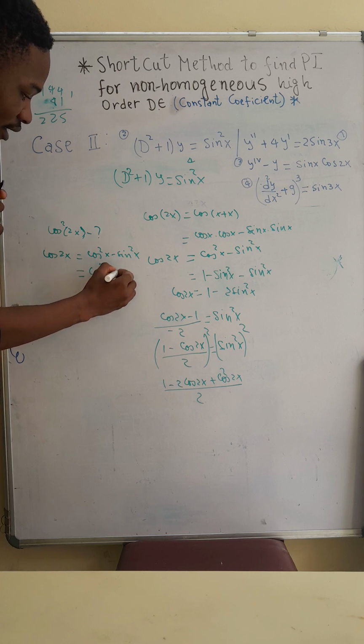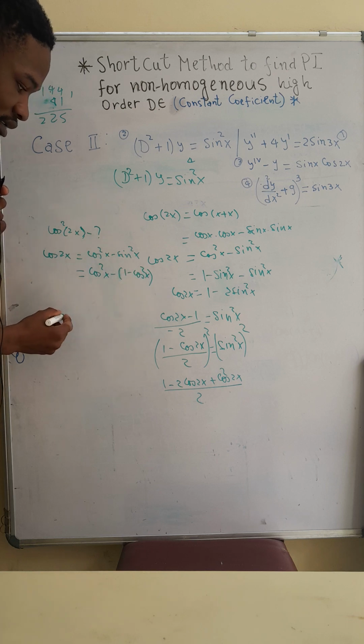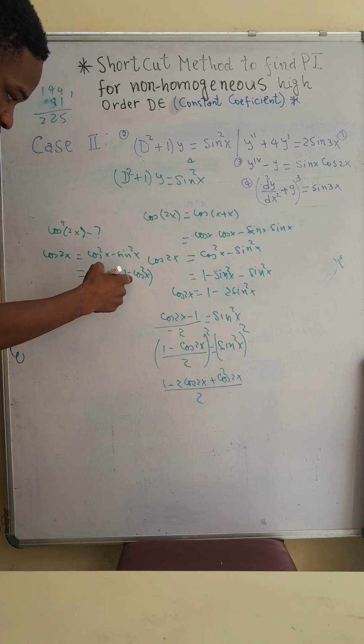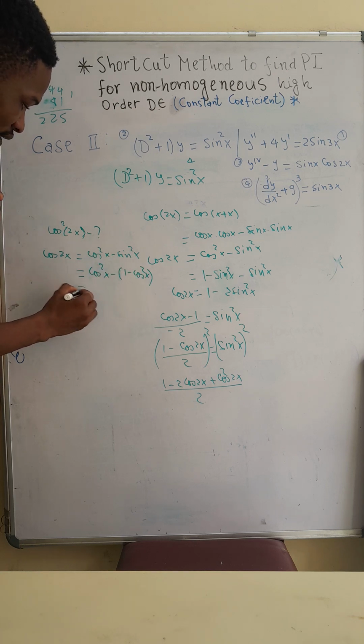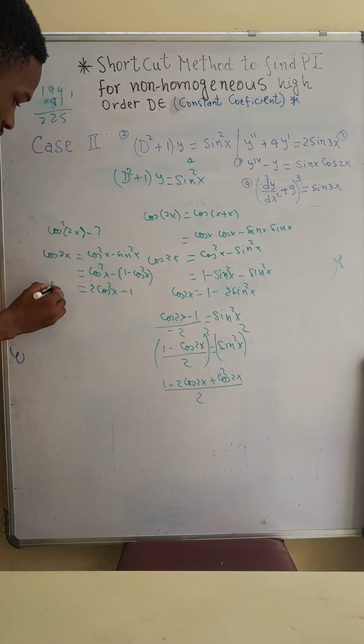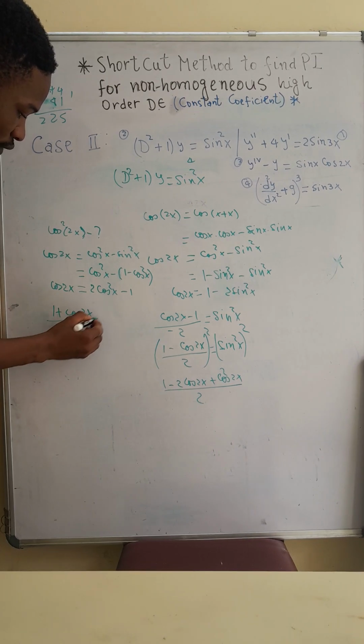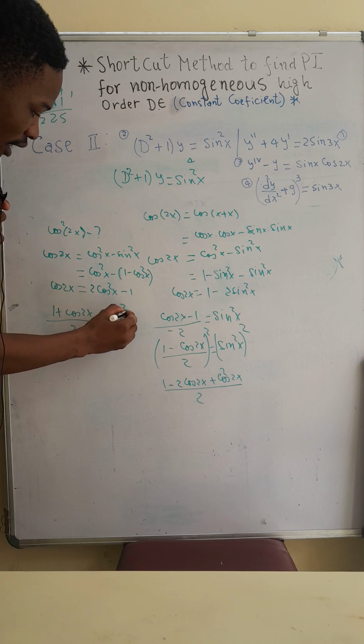Cos square of x minus, and here I'll get 1 minus cos square of x. Here I'll get 2 cos square of x minus 1, and here it is cos 2x. Send this out, and you are going to have 1 plus cos 2x all upon 2 is cos square of x.